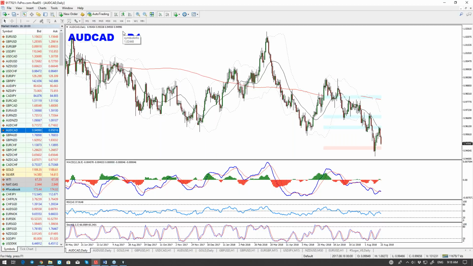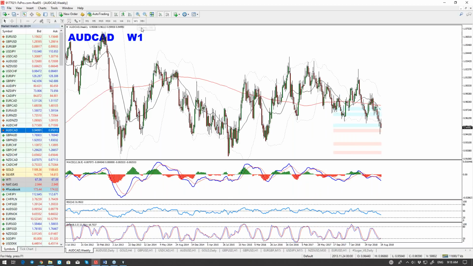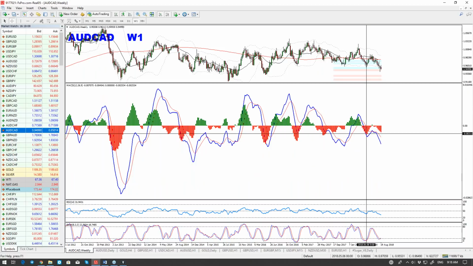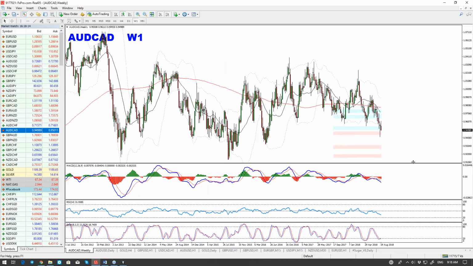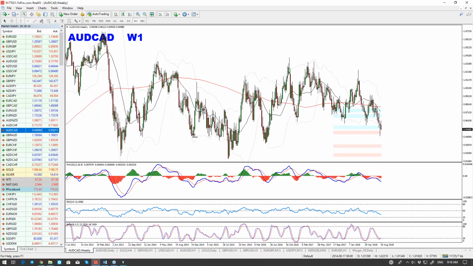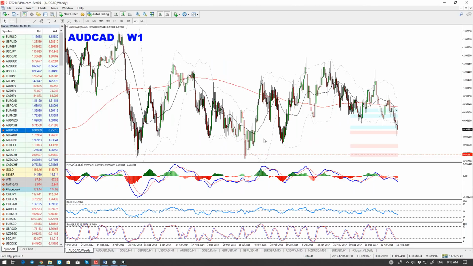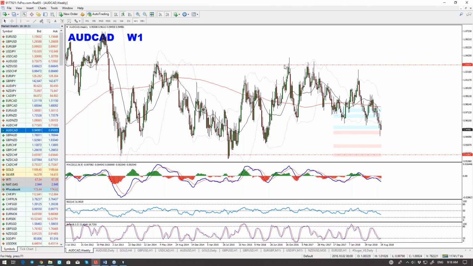All right. So the Aussie versus the Kiwi. Now this pair has no bullish divergence yet triggered on the weekly chart. That's why we are after sells here mainly. It still has the room for the lower part of the range here, right?